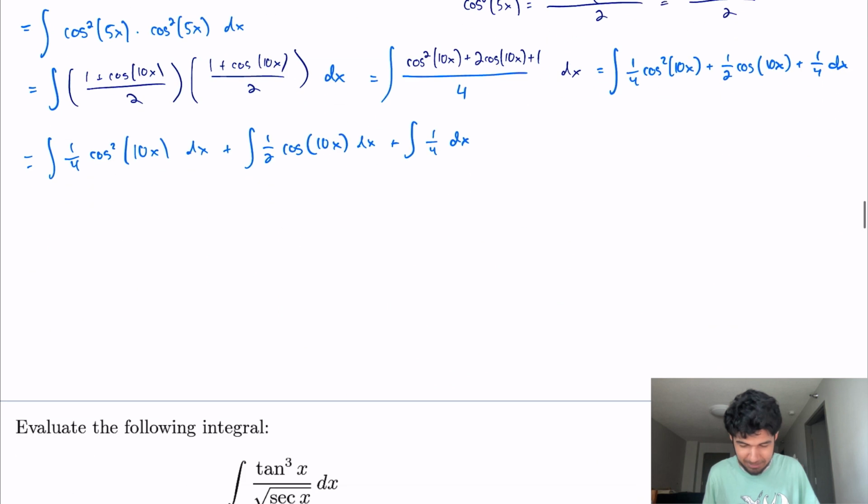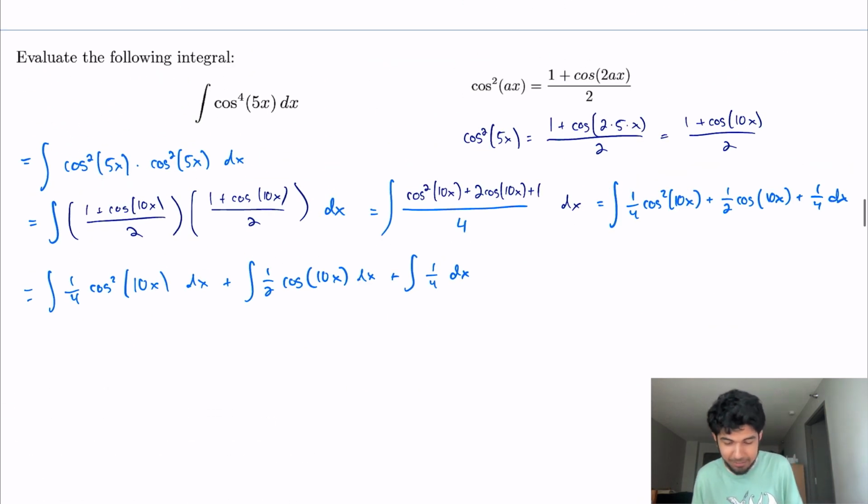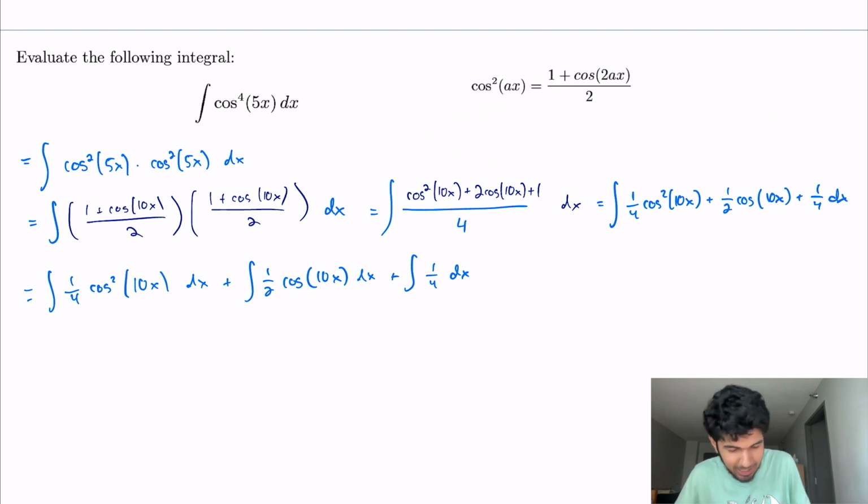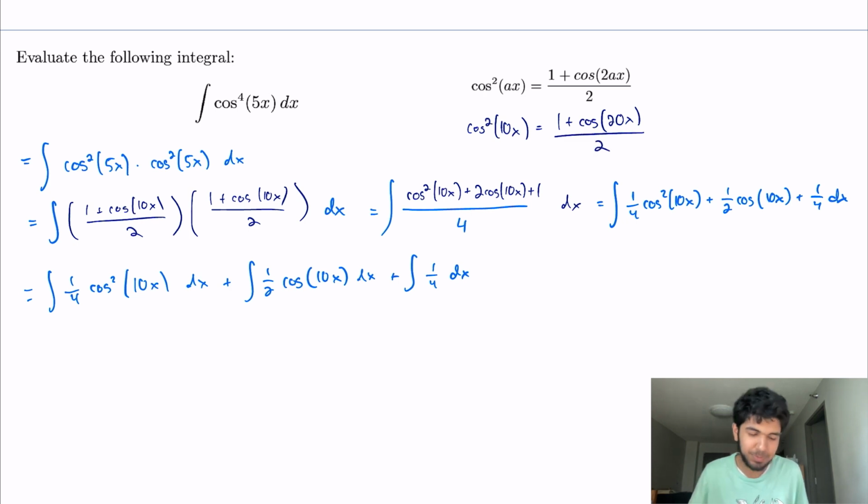So let's do that. Now we have cosine squared of 10x, whereas before we had cosine squared of 5x. So I'm going to erase what we did with cosine squared of 5x, and now compute cosine squared of 10x. This will be 1 plus cosine of 20x all over 2.